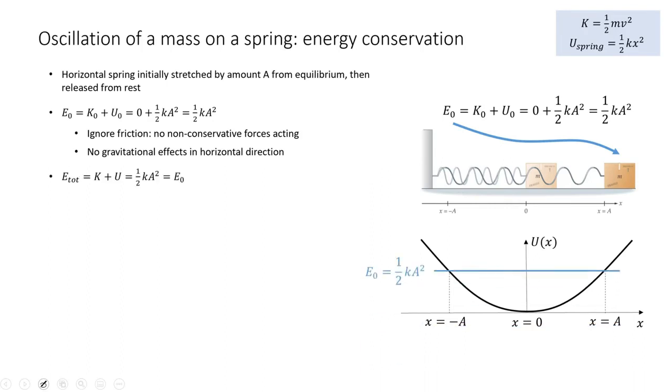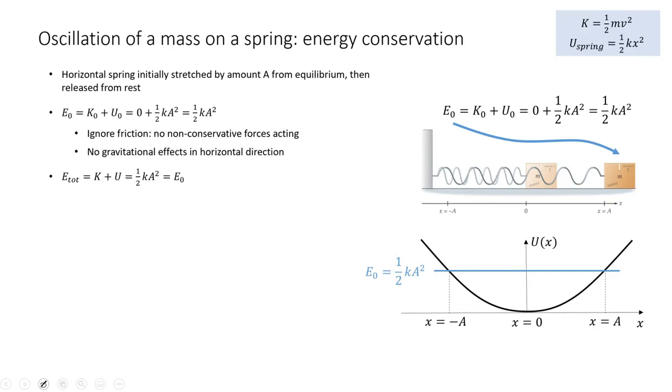This is going to be fixed at all times throughout the spring's oscillation. So at every single time point in which the spring is oscillating up and down, it will always have total energy equal to 1/2 kA squared, that initial value. Whatever the initial value is, it's constant all the time.